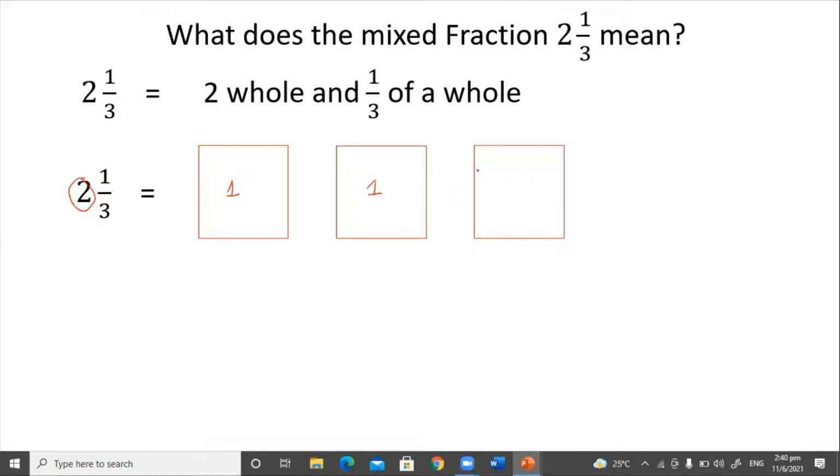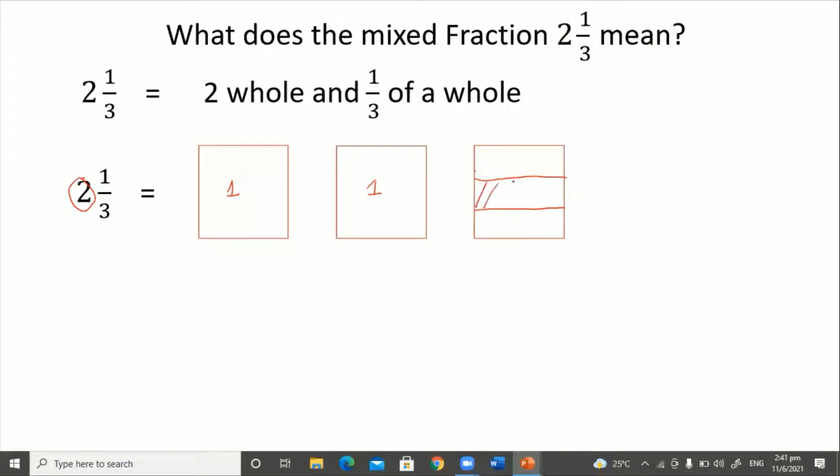So therefore, the last whole here has to be divided into 3 equal parts. So let's say that's one part and that's another part. So we have 3 equal parts and one part should be shaded. I can shade the top one, the middle one, or this lower one. Doesn't matter which one I shade. Let me shade the middle one.